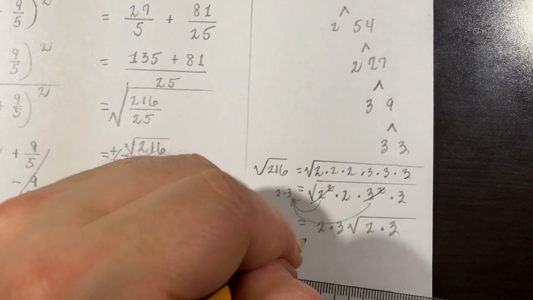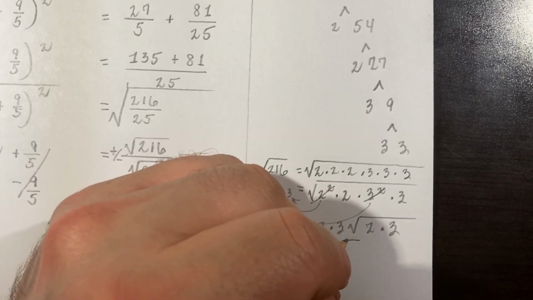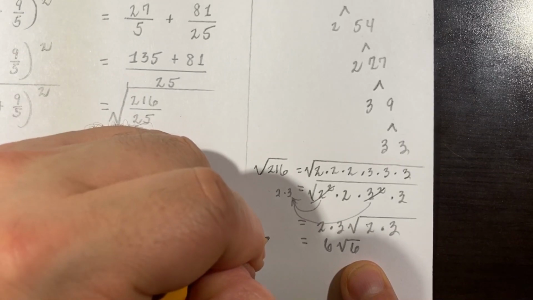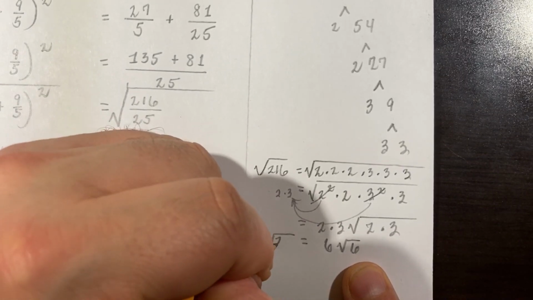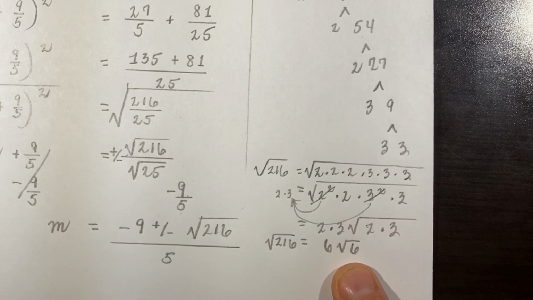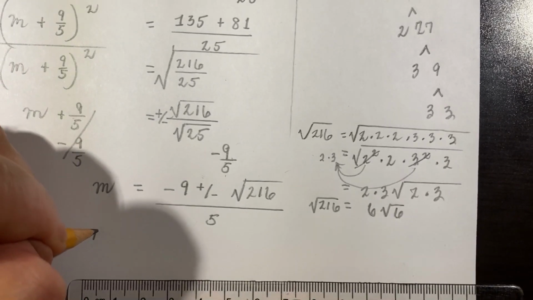And that is equal to 6 square root 6. And so the square root of 216 can be simplified down to 6 square root 6, and we're just going to rewrite it as 6 square root 6, since that's the simplified root.